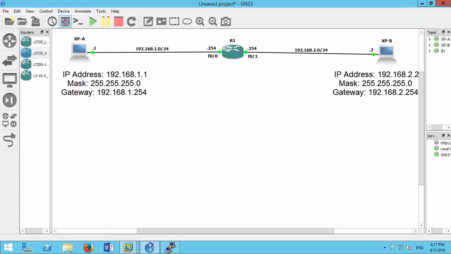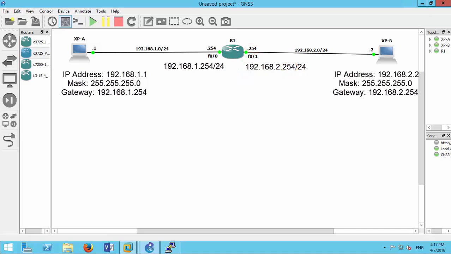And we will configure our router with the IP address 192.168.1.254 on interface FastEthernet 0/0 and 192.168.2.254 on interface FastEthernet 0/1.